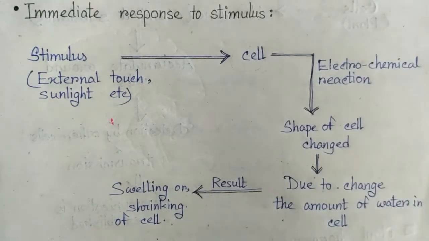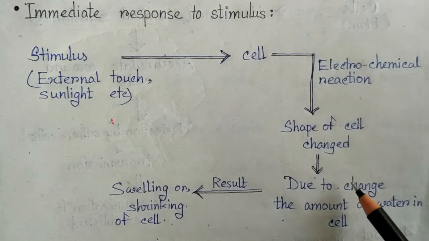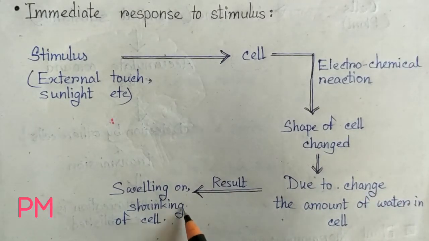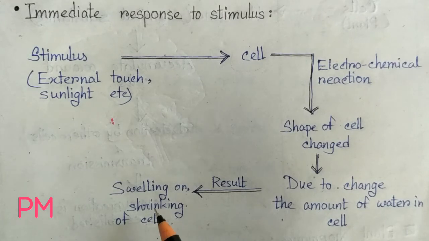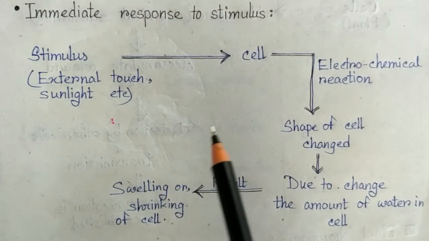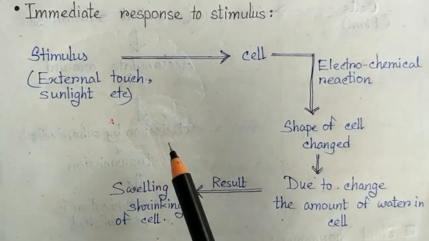Due to the change, the amount of water in the cell changes, because the electrochemical reaction occurs in the cell, and the result is swelling or shrinking of the cell. In this procedure, plants respond to stimulus, and it's very fast and immediate in nature.